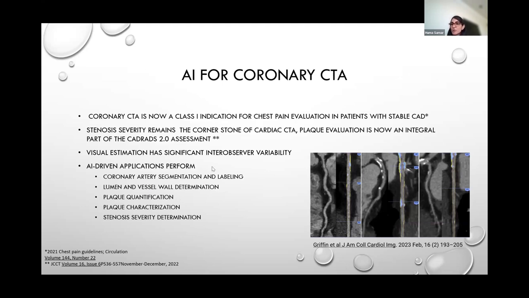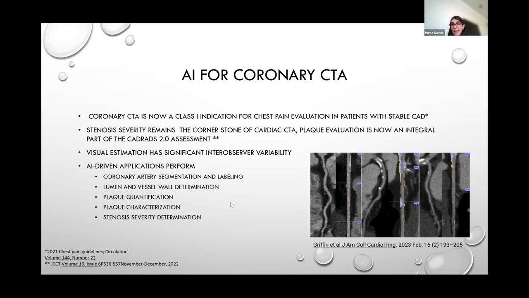And plaque evaluation currently is not done quantitatively. We do this plaque evaluation qualitatively. Yes, we use the calcium score, but we also use a visual estimation of how many coronary segments have calcified plaque versus non-calcified plaque. And visual estimation, especially of non-calcified plaque, has a lot of inter-observer variability.